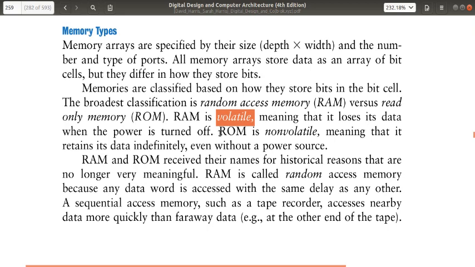But remember, for both RAM and ROM, access is random only. That is, the time taken to access any given address location is the same. And both RAM and ROM come under primary memory or main memory.